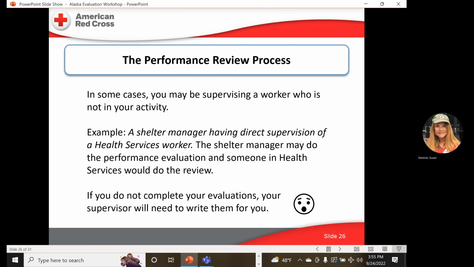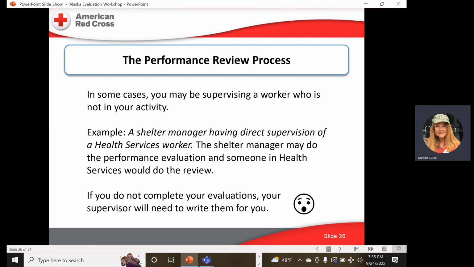So what are you going to do? You go back to the position description and read up on that. You can ask some people what someone should be doing in that. You can ask somebody else on the DRO what they've observed, and then you are going to be writing something the best you can. You'll have somebody in that area in DES look over it and make sure it's on the mark. And then you turn it in to your supervisor.